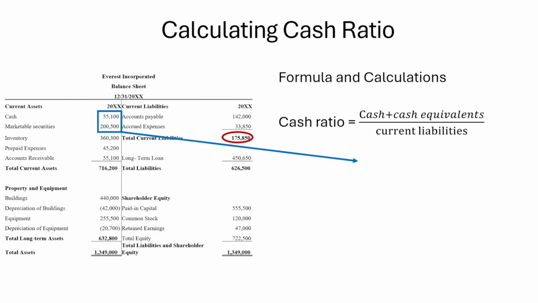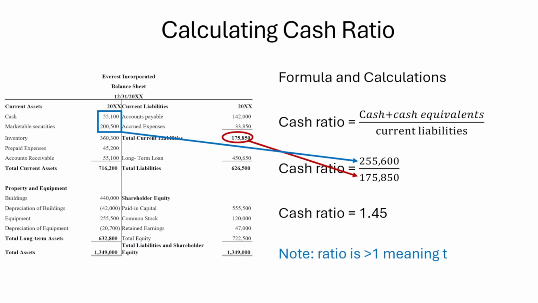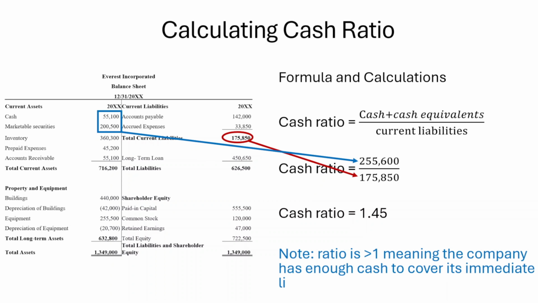In our example, it's marketable securities and cash, which are the cash equivalents, divided by the current liabilities. You can see over there, 255K divided by 175K, we have the cash ratio of 1.45. It's more than 1, meaning the company has enough cash to cover its immediate or short-term liabilities.